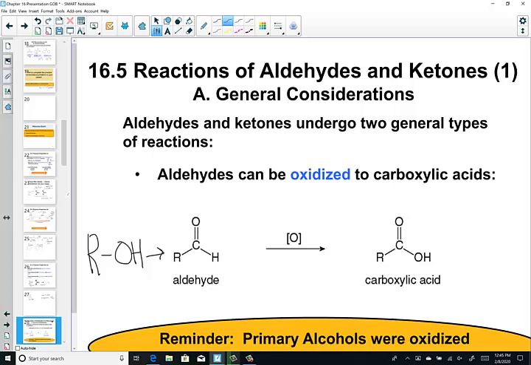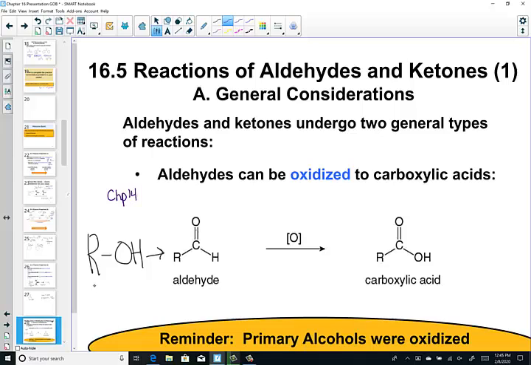Turning our attention to the reactions of aldehydes and ketones. Aldehydes can be oxidized. They are oxidized into carboxylic acids, COOH. I want you to make a note from chapter 14.